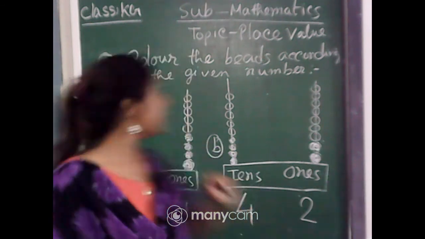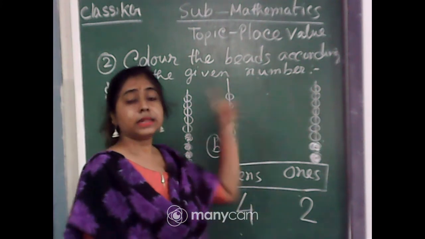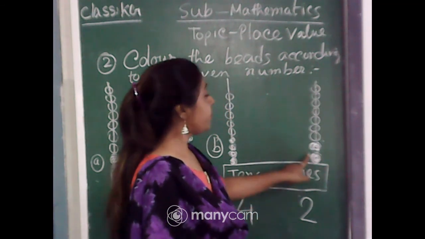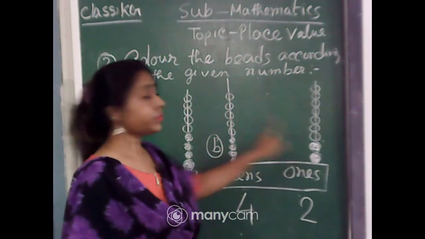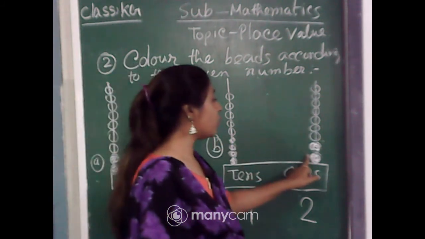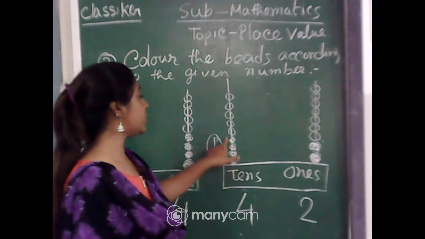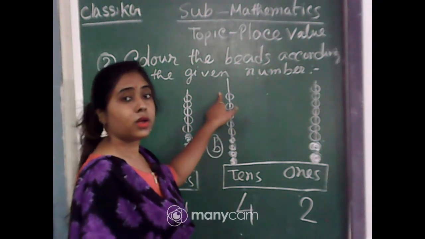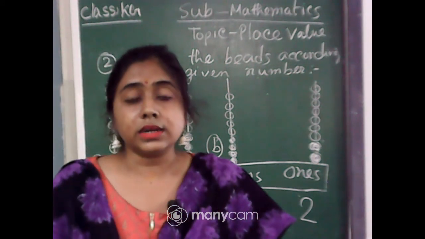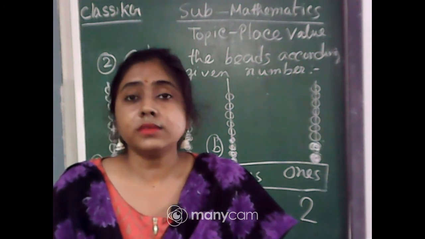When the question is color the beads in the given abacus system, you have to draw 9 beads in each rod, 1, 2, 3, 4, 5, 6, 7, 8, 9, and in the tens also 1, 2, 3, 4, 5, 6, 7, 8, 9. This is the answer, and those who are drawing 11 or 8 or 12, that is wrong.